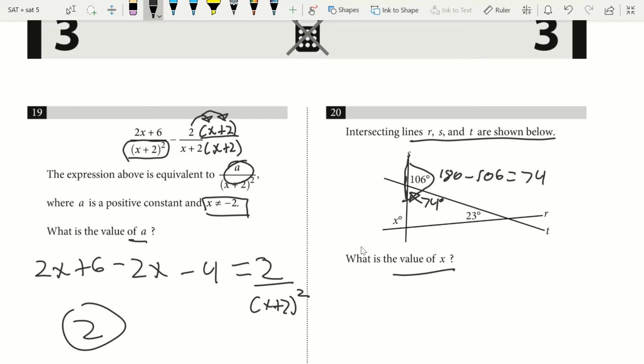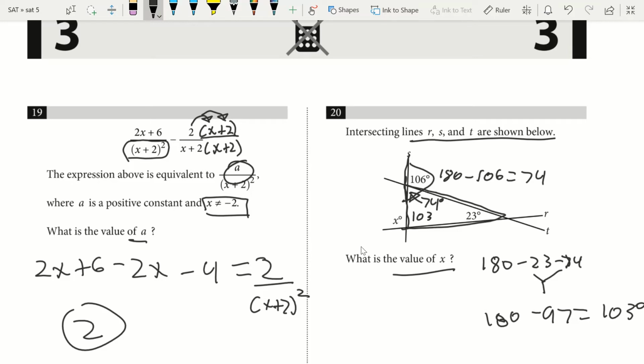Now I know all my angles in this triangle add to 180, so I'm going to do 180 minus 23 minus 74. Minus 23 and minus 74 become minus 97, so I've got 180 minus 97, which equals 103. So that means my angle here will be 103.